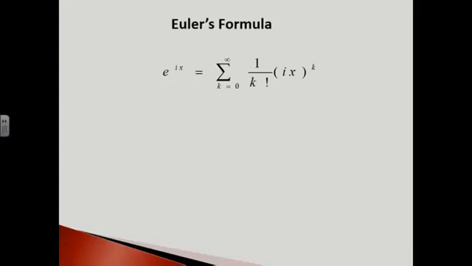A famous formula in complex analysis is Euler's formula. This formula gives a representation of a complex number as the exponential function exponential of ix.